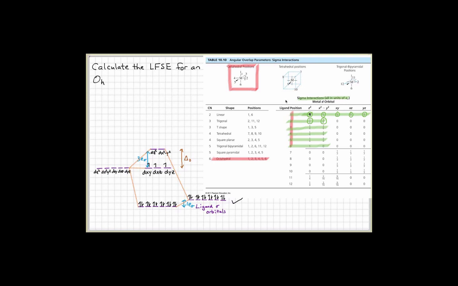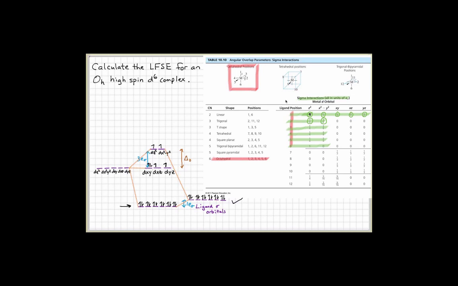Let's suppose we wanted to do a similar calculation for an octahedral high-spin d6 complex. In this case, we have 6 electrons distributed throughout the 5 d orbitals. We're assuming it's a weak field and therefore high spin, so the electrons fill in all the orbitals and only pair up in the bottom orbitals when needed.